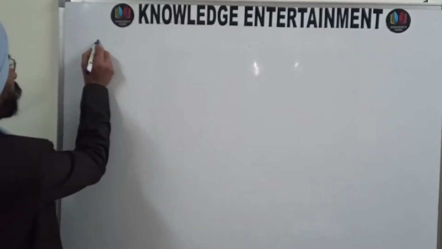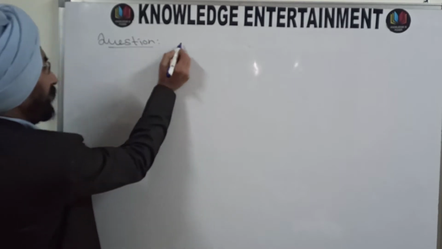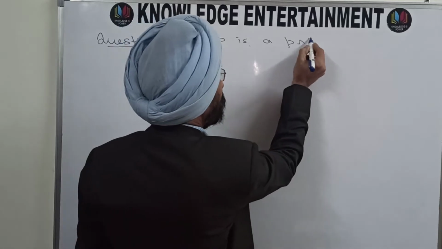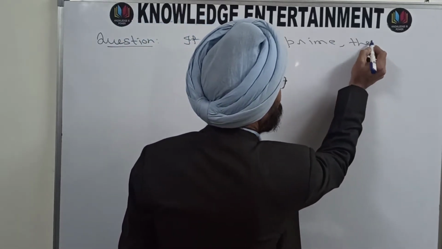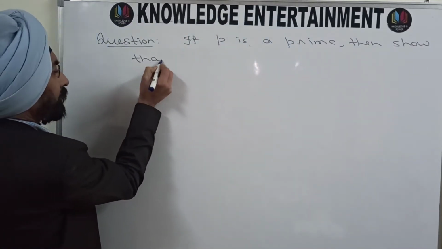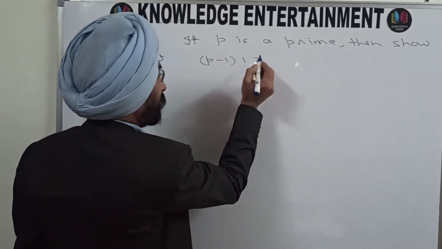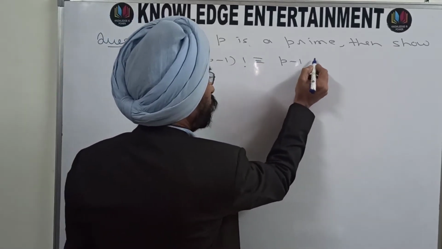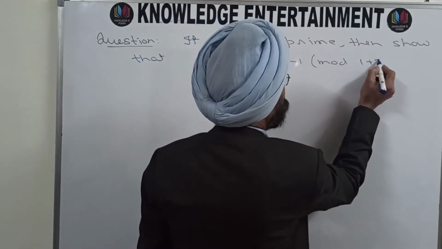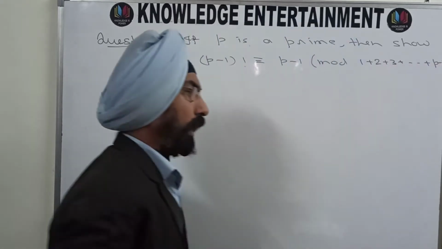So first of all, the question I'm going to take is: if P is a prime, then show that (P minus 1) factorial is congruent to P minus 1 modulo 1 plus 2 plus 3 and so on, plus up to P minus 1.